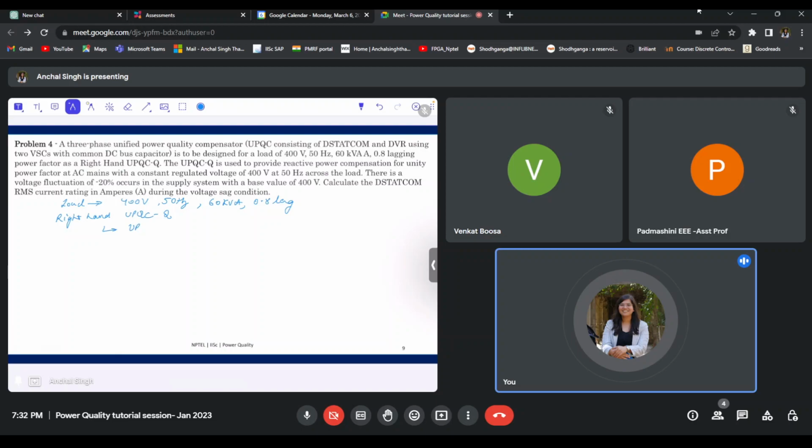It has to provide unity power factor correction along with voltage regulation at 400 volts 50 hertz across the load.